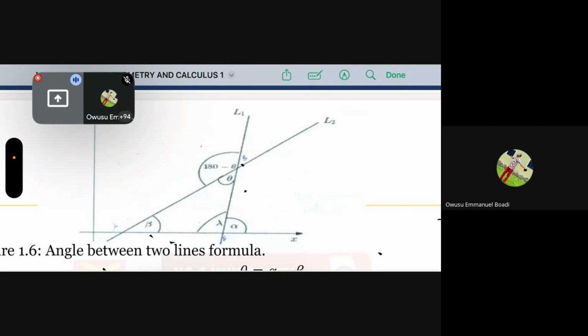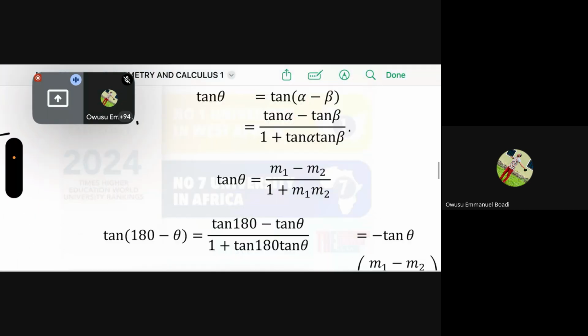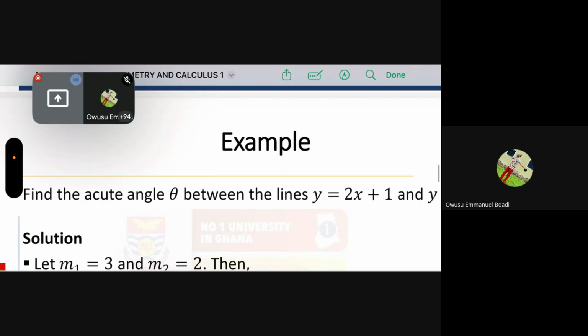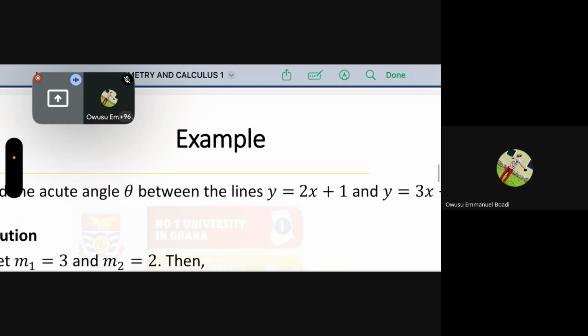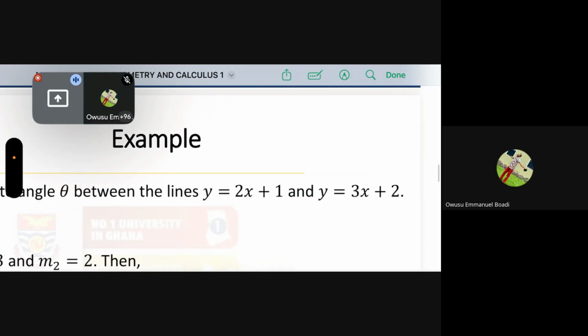We have theta and 180 minus theta. So the acute angle we are looking for is theta, not 180 minus theta. So please put that in mind. Okay, so it says find the acute angle between the line y is equal to 2x plus 1 and y is equal to 3x plus 2.